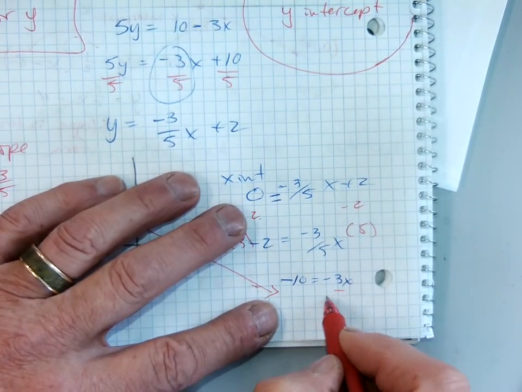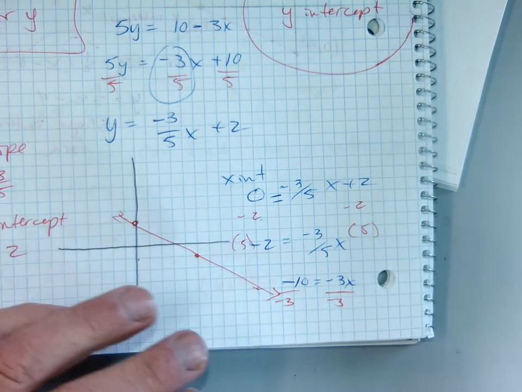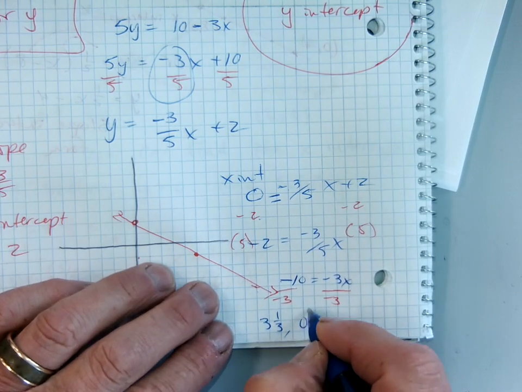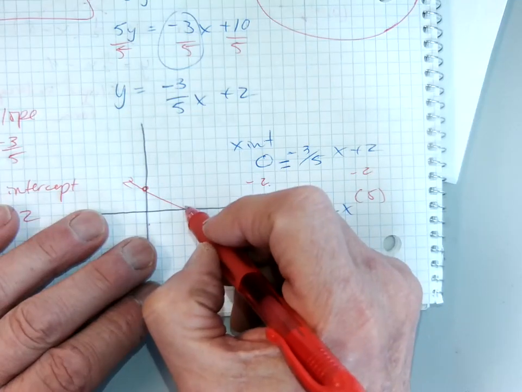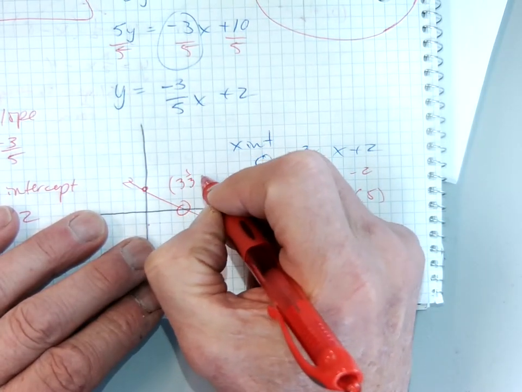Divide by negative 3, divide by negative 3, and I get 3 and 1/3, or 3.3 repeating, is my x-intercept. So sometimes it is good to solve it because it looks like 3, but it's not exactly 3. It's really at (3 1/3, 0).